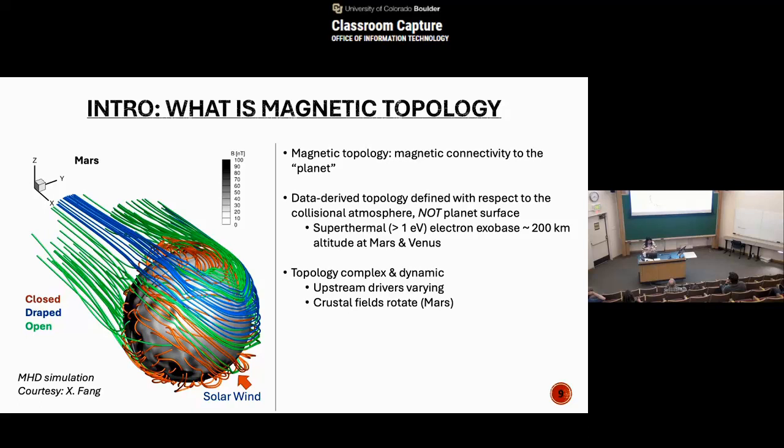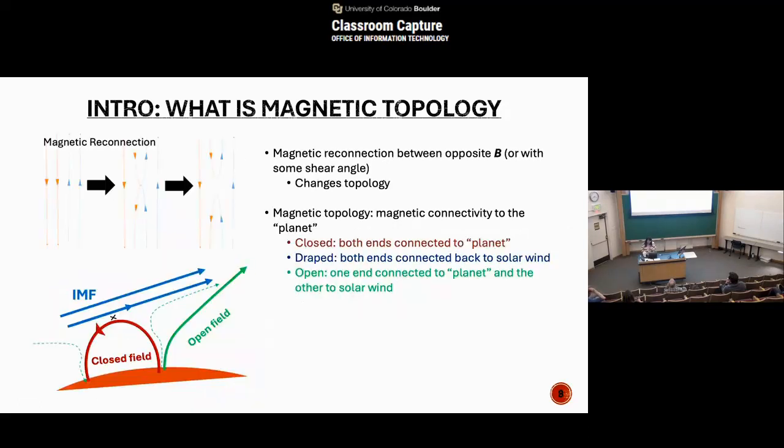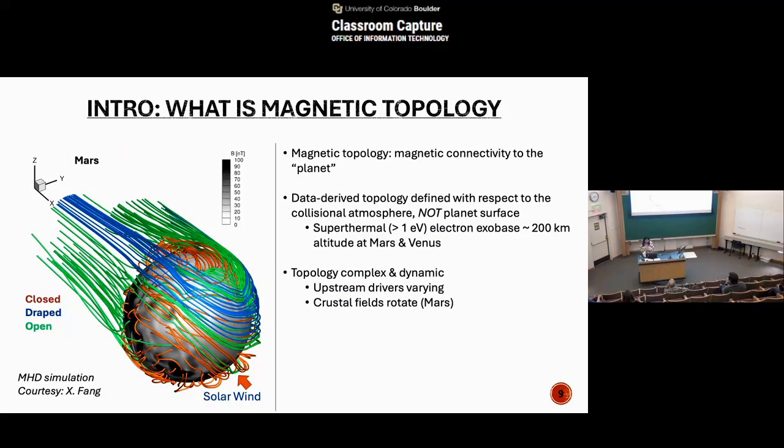Just a little bit more. On the previous slide, did I put "planet" in quotes? Yes, I quoted planet, because for the data-derived magnetic topology, we are not defining it with respect to the planet surface, but actually to the collisional atmosphere.